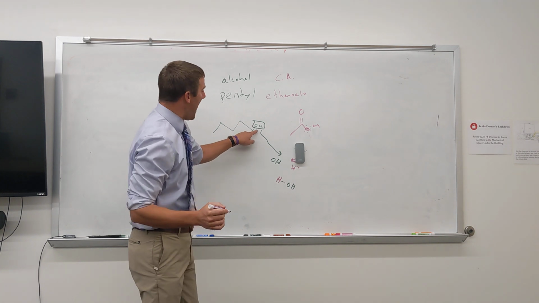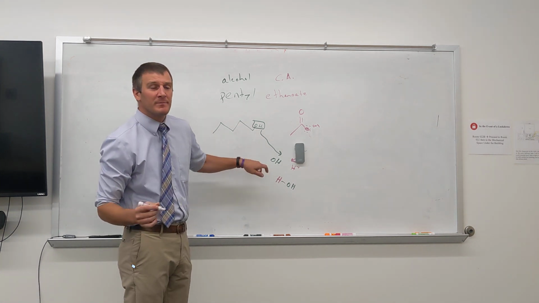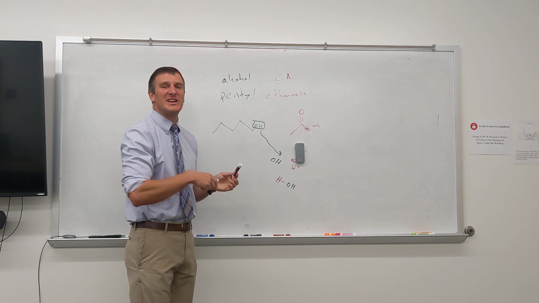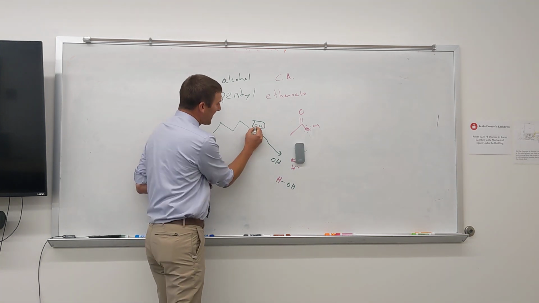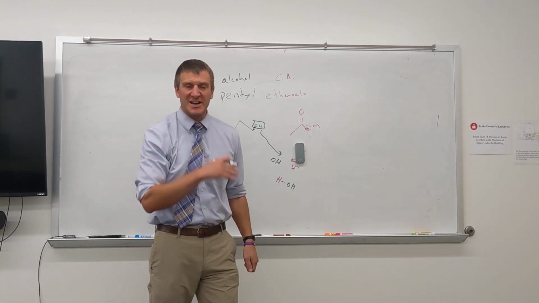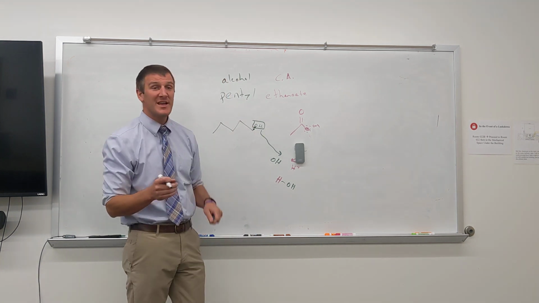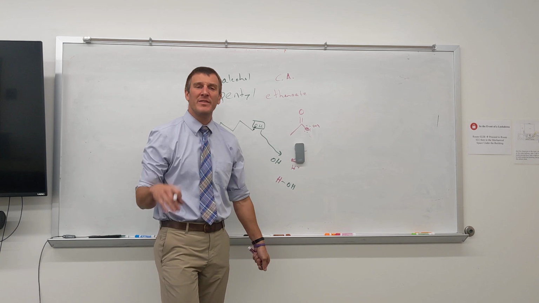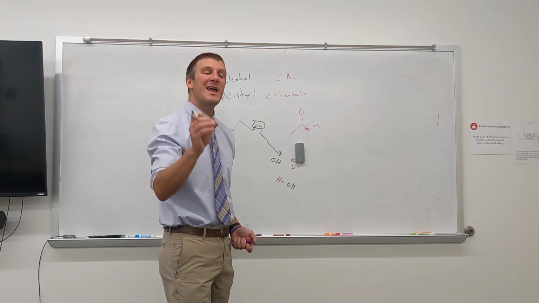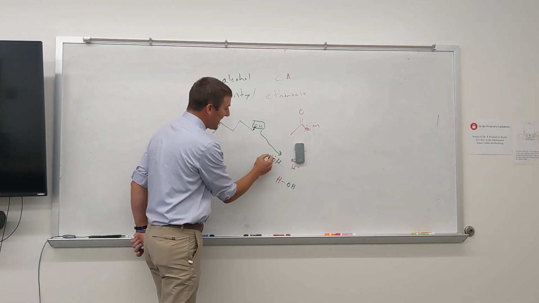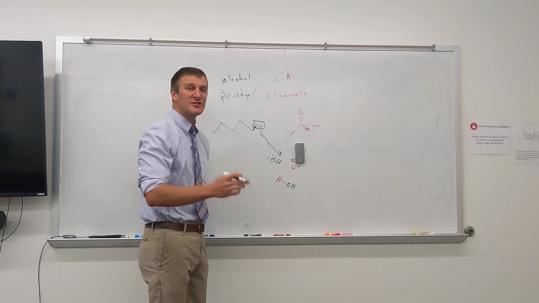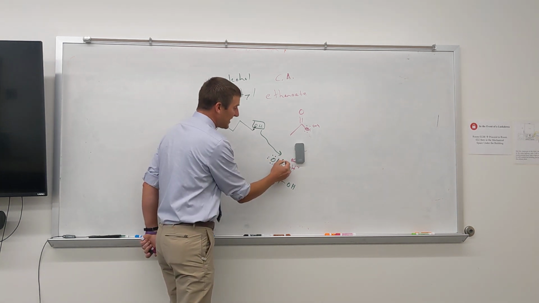Over here, I've got an OH group that left. If that oxygen and hydrogen leave this carbon chain, who's taking the electrons in this bond? Who's more electronegative, the carbon on this side of the bond or the oxygen on that side? We know from chapter 1 that oxygen is more electronegative. So oxygen here is going to take both of those electrons in that bond.